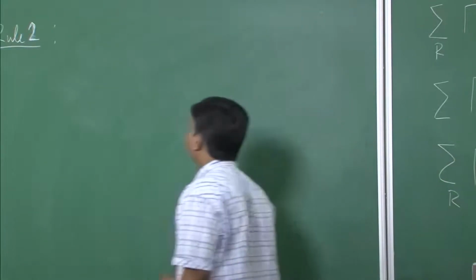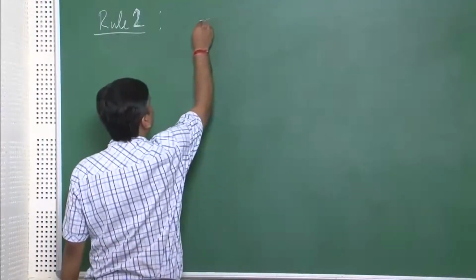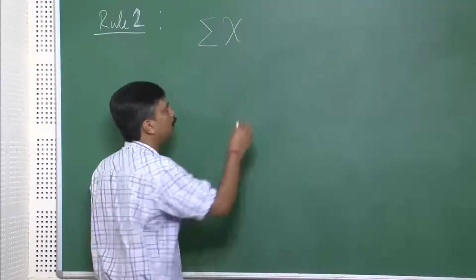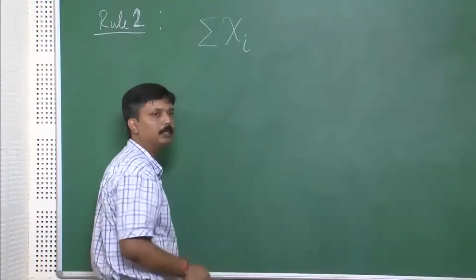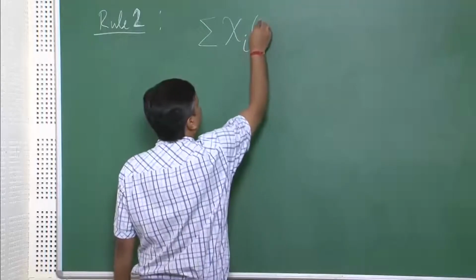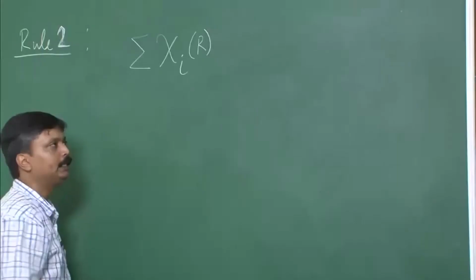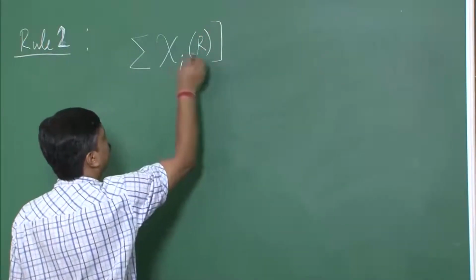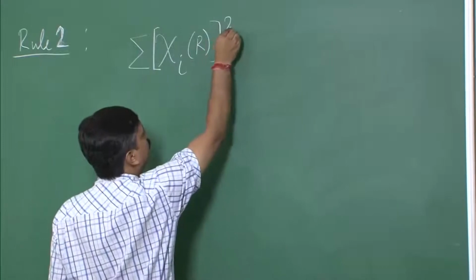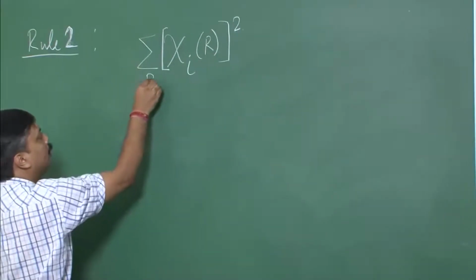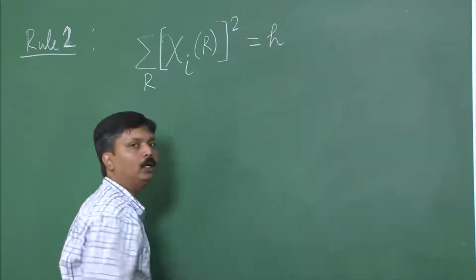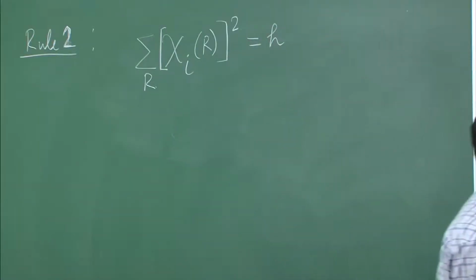Mathematically, the character of any given irreducible representation, say the ith representation, for any operation is given by chi i of r, and if I take the square of that and sum it over all the symmetry operations, then that will be equal to the order of the group. Okay, so we can easily prove this one.